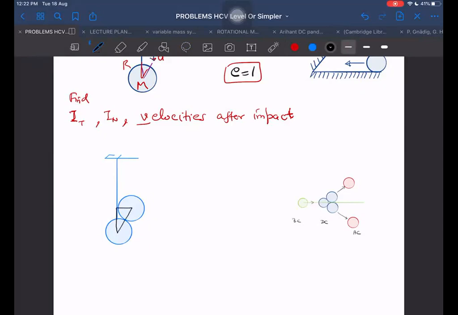This is theta here, let us say r, and then it is coming with velocity u. It was having velocity this side. This is, let us say, theta here.